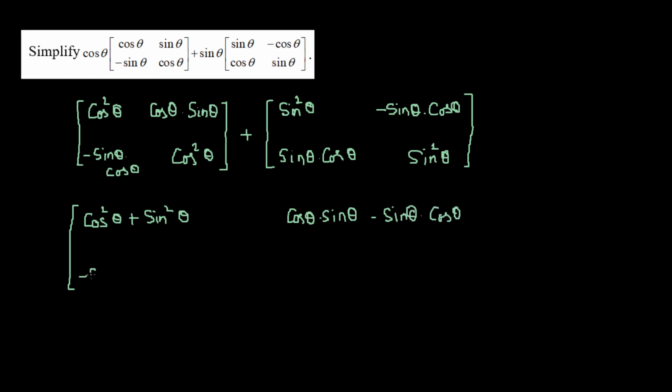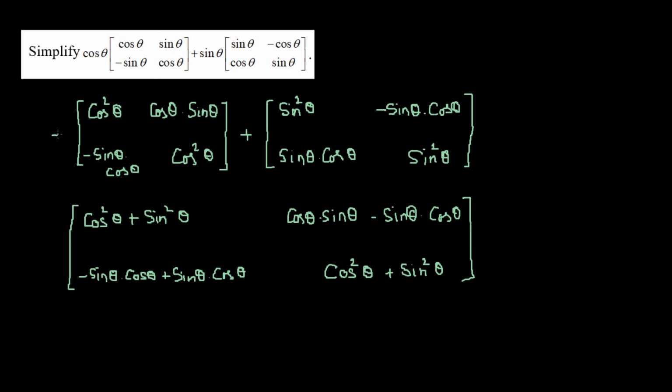Here we have minus sine theta times cosine theta plus sine theta times cosine theta, and then in the fourth entry we'll have cos squared theta plus sine squared theta.